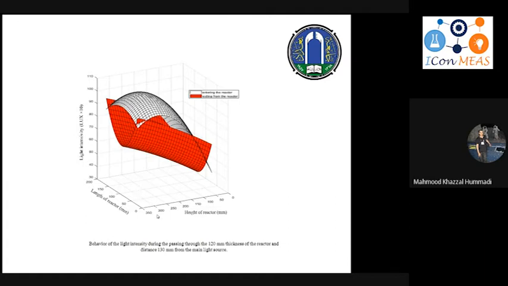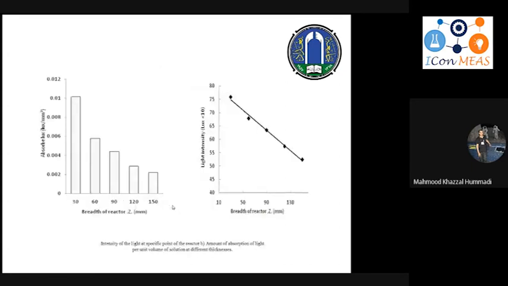However, the position from the light source, the structure of the light, and the type of light play an important role in determining the nature of the light distribution in the photobioreactor. Also, it can be noted that the amount of the light decreases with the increase of the cross section of the reactor due to the increase in the path length of the light inside the reactor.